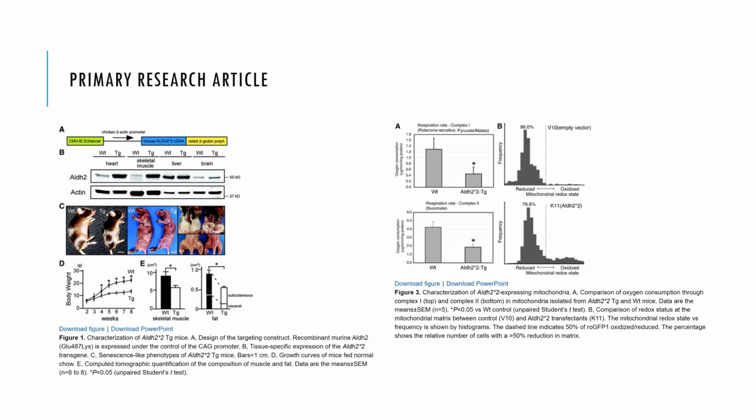In the study, they expressed the mutant ALDH2 gene in mice and compared it to mice with the wild type ALDH2, and they looked at different measurements: body weight, skeletal muscle, and different cardiovascular performance. They found that ALDH2 was strongly expressed in cardiac and skeletal muscle.